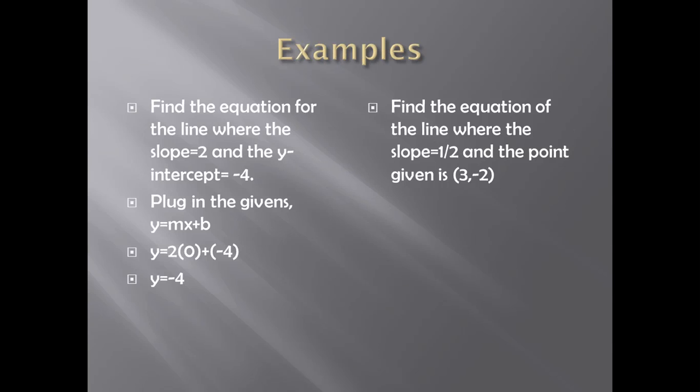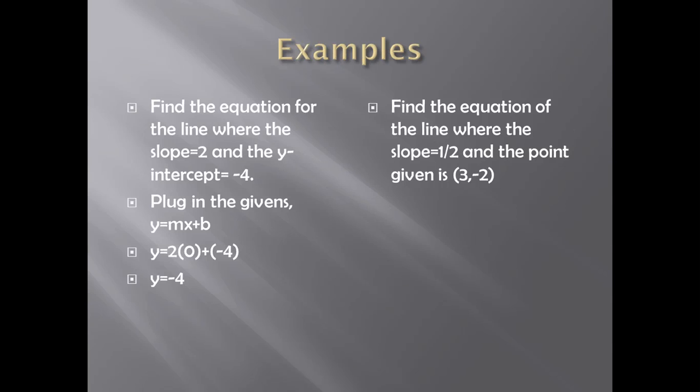Now the second problem, a little harder one. It asks us to find the equation of the line where the slope is equal to 1/2, and the point given is (3, -2). When you have a coordinate or ordered pair, you are looking at an xy pair for a point along the line of the graph. x will be the first number in that coordinate, and y will be the second number.